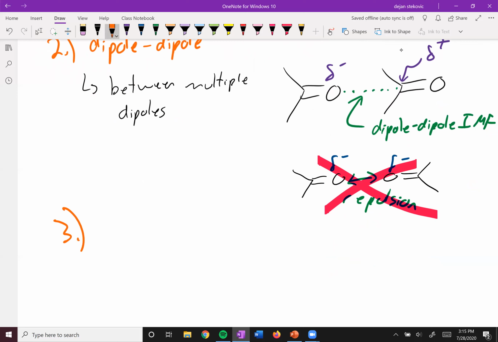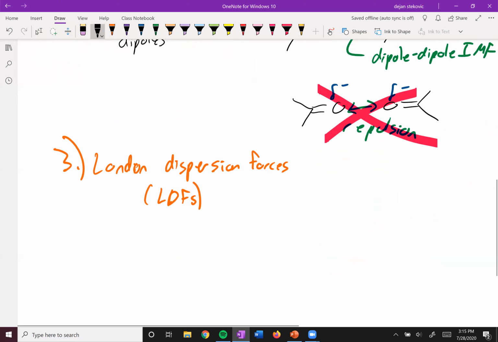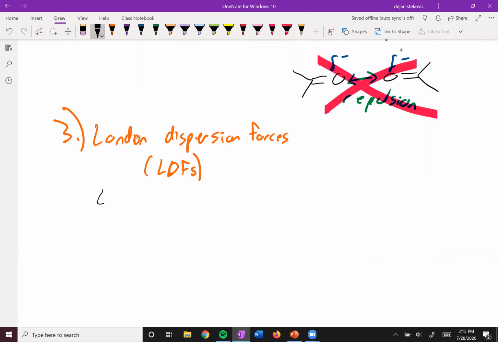And then third, we have London dispersion forces. Sometimes just called dispersion forces, or LDFs. And the thing about London dispersion forces is that everything has it. The bigger a molecule is, the more LDFs it has.